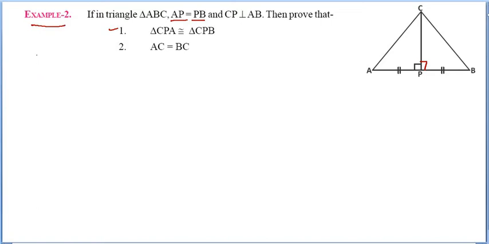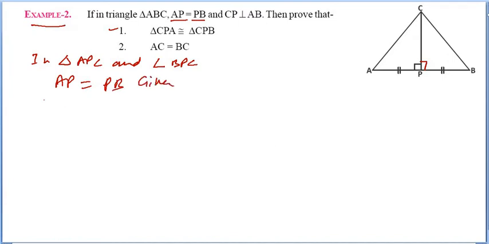So let us see in triangle APC and triangle BPC. As you know, AP is equal to BP, it is given, and angle APC is equal to angle BPC, each 90 degrees.